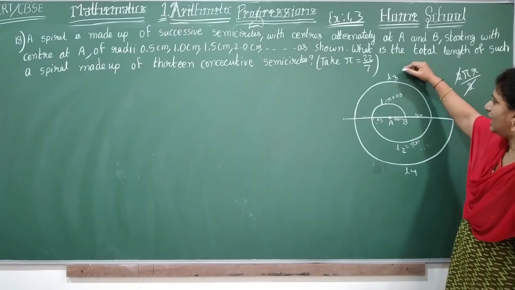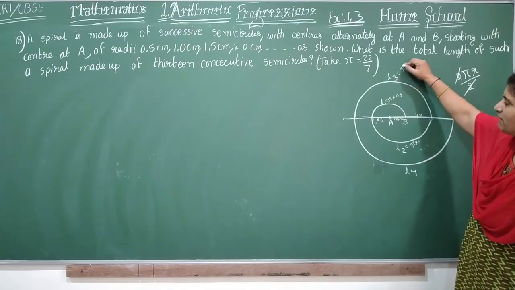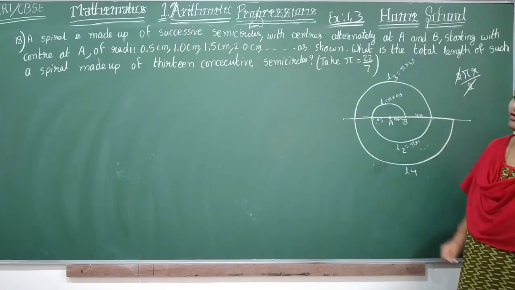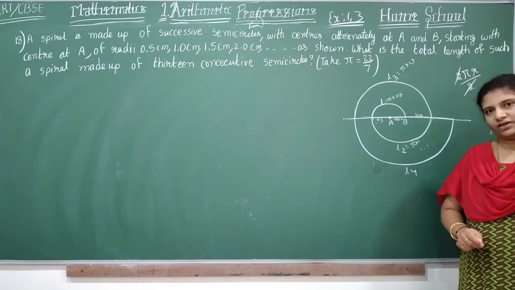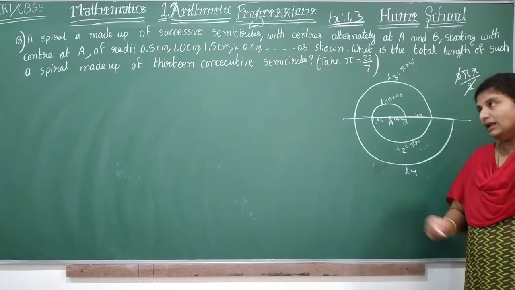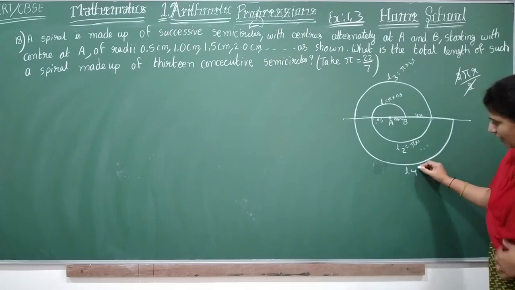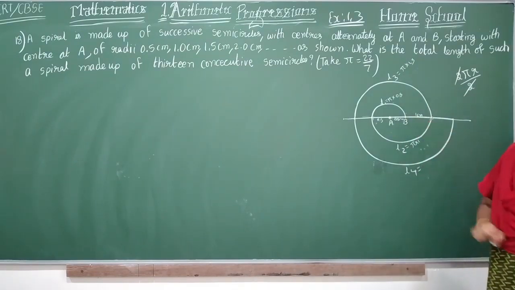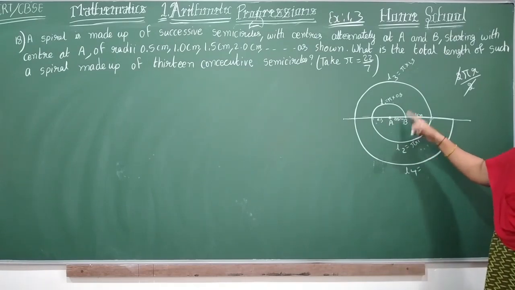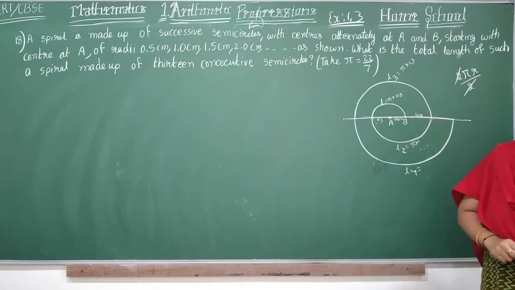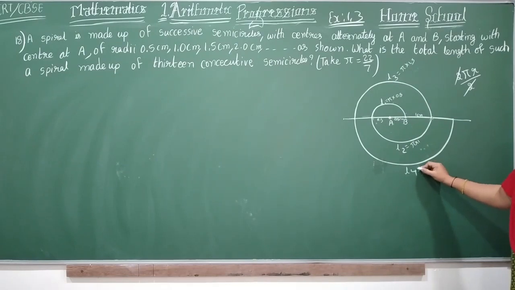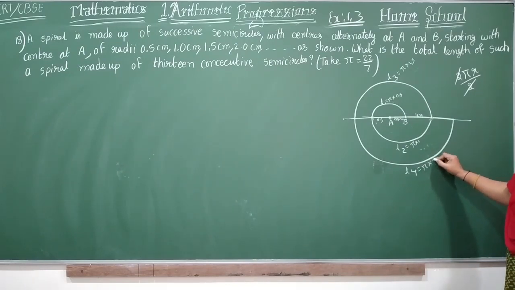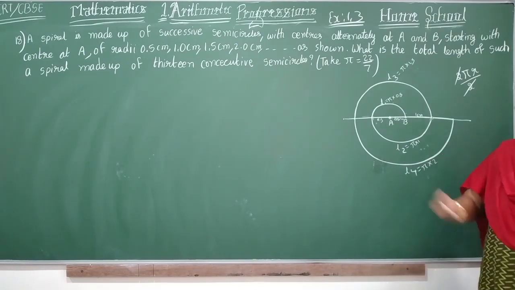So L3 is pi into 1.5, the circumference of a semicircle. Coming to L4, B is the center. What is the radius there? 2 centimeters. The formula is pi into 2. Like this.